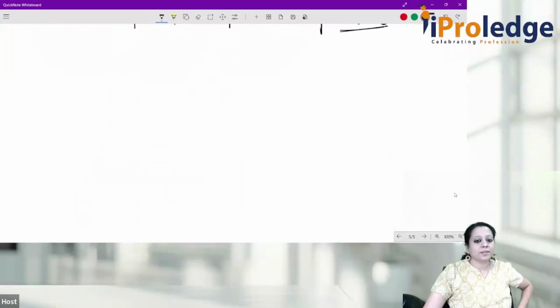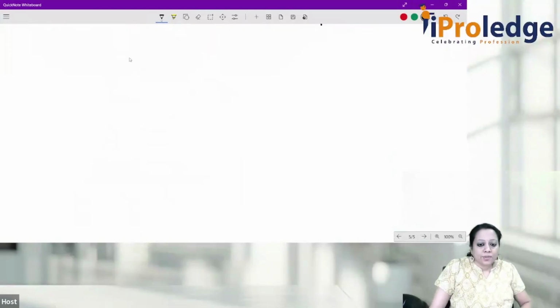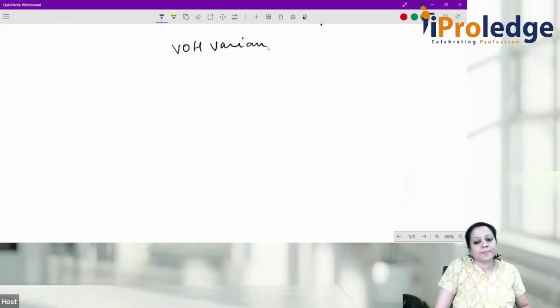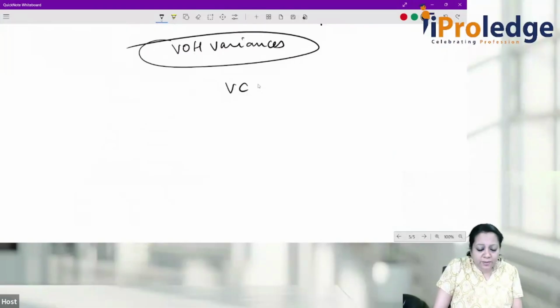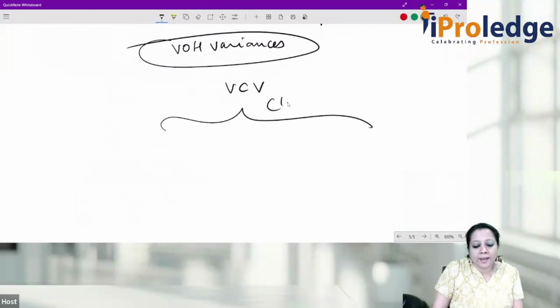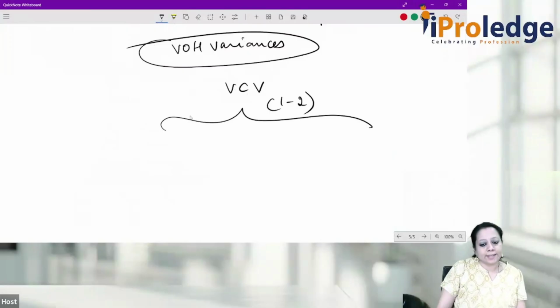Shall we proceed, students? Yes. So now variable overhead variances. Variable overhead cost variance. That is 1 minus 2. Then variable overhead expenditure variance.